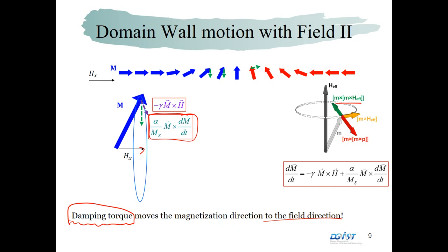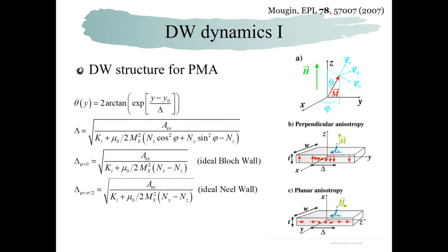So please keep in mind that damping is very important in this domain motion. From now on, I'm going to explain the details of the domain dynamics with many mathematics. Actually, I took many things from this paper, from these cartoons and also these equations. So please read this paper if you want to study more.